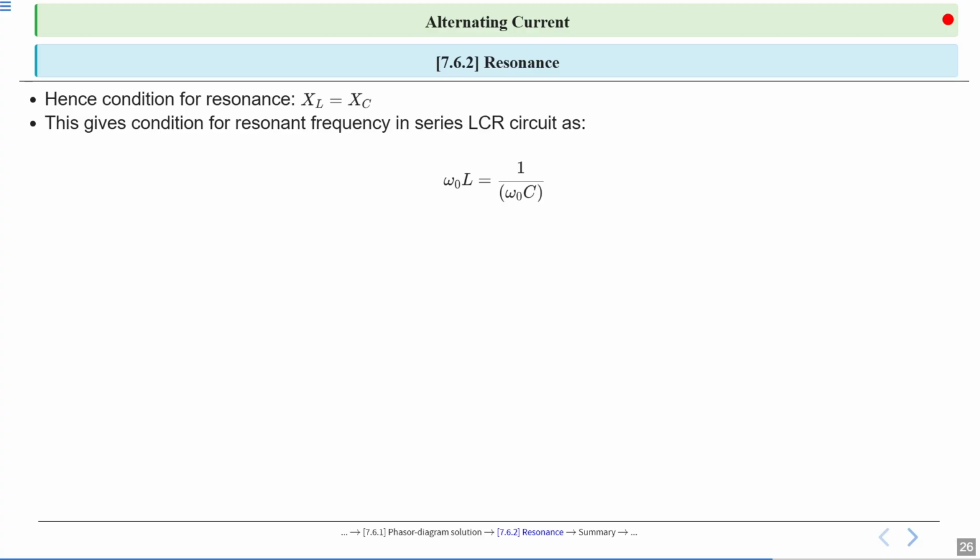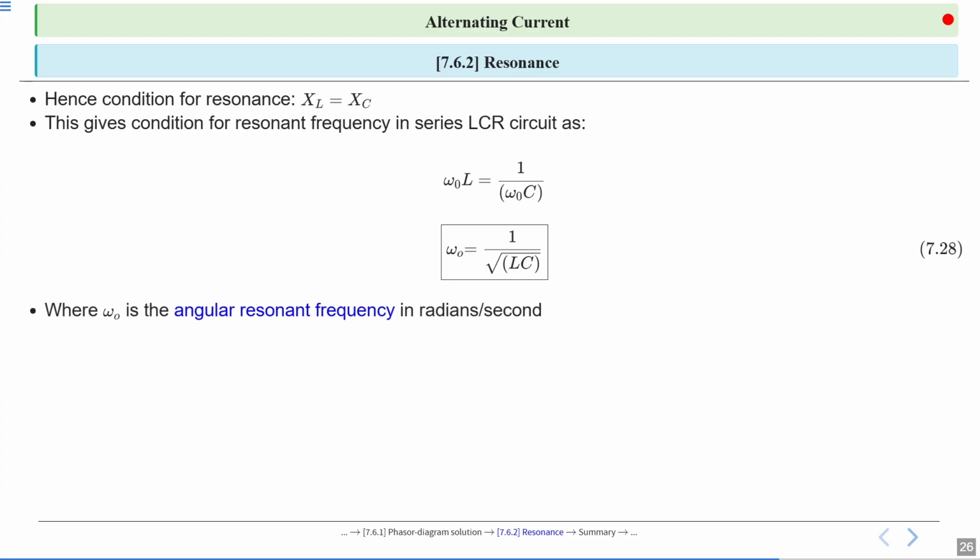So this is the frequency when XL equals Xc. So we are writing omega naught here. That is the resonant frequency. So omega naught L will be equal to 1 upon omega naught C at resonance. So we will find omega naught. Omega naught will be 1 by root LC. Mark it as equation 7.28. This is the expression for resonant frequency. So omega naught is the angular resonant frequency in radians per second.